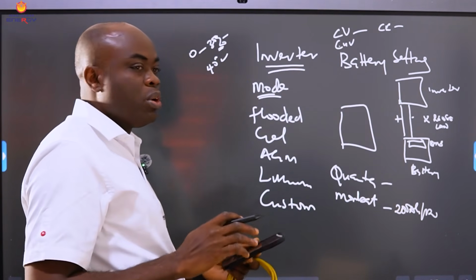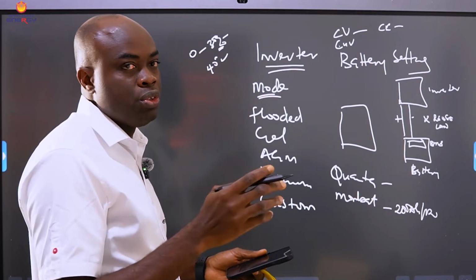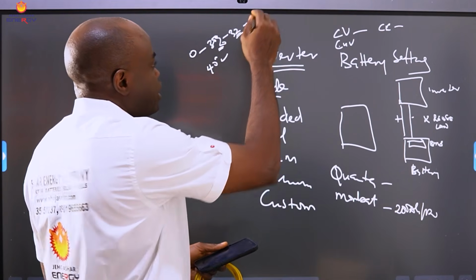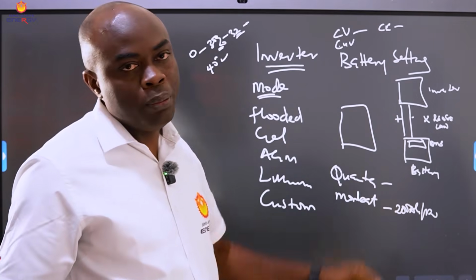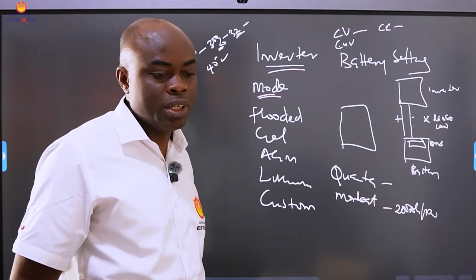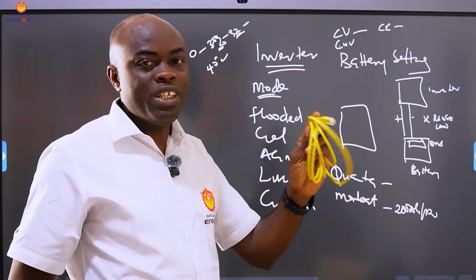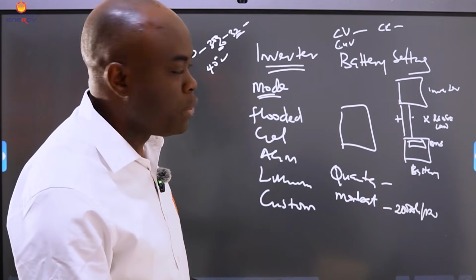When the temperature drops to what has been programmed inside of it as a safe temperature for it to continue charging, it will now start charging. You now see the battery percentage start increasing upward. So the same applies to your lithium ion batteries and inverter systems. And the only way that can work is if you have this communication cable connected in between your inverter and your battery. Very important.